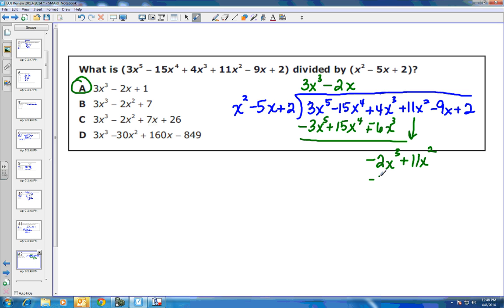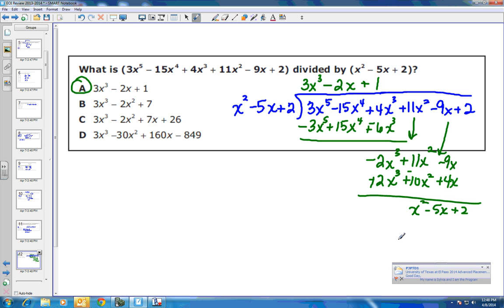Minus 2x to the third plus 10x squared. And I do need to bring down that negative 9x. Because that's minus 4x. So that's x squared minus 5x plus 2. And this would give me 1. Okay?